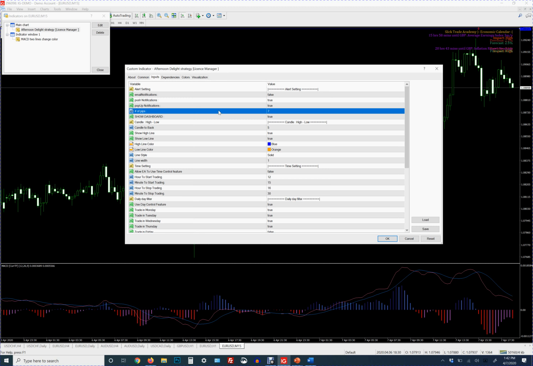This number of pips allows for a cushion, essentially. So if it crosses to the upside, X number of pips is what you would go below. If it crosses to the downside, X number of pips is what you would go above.